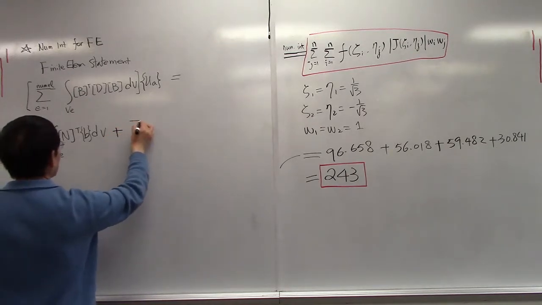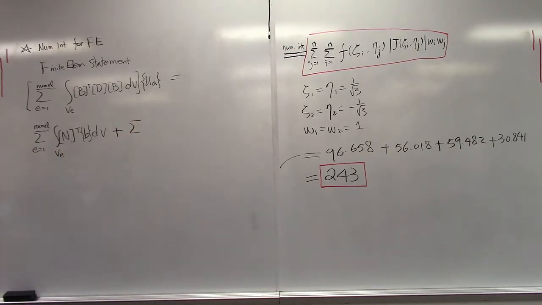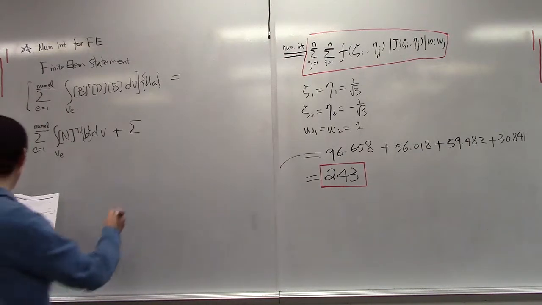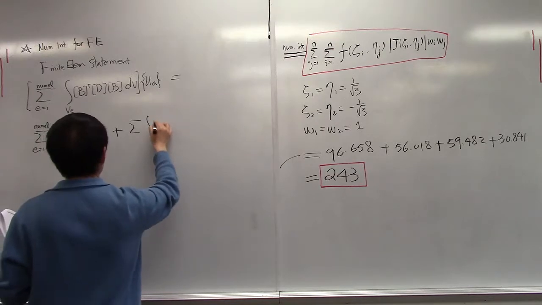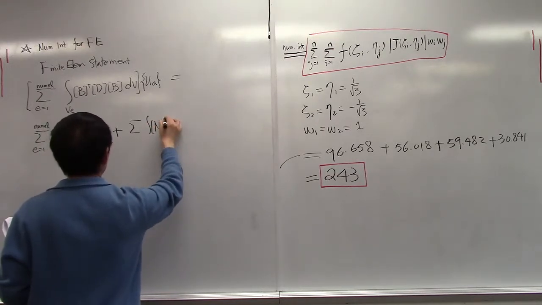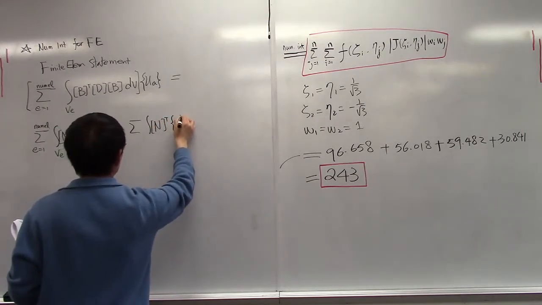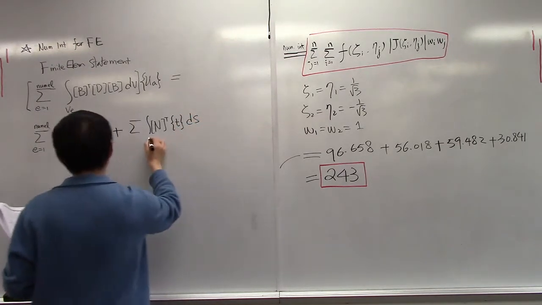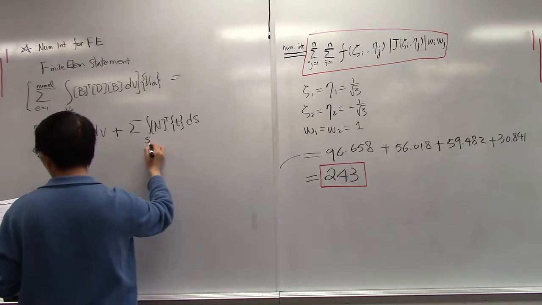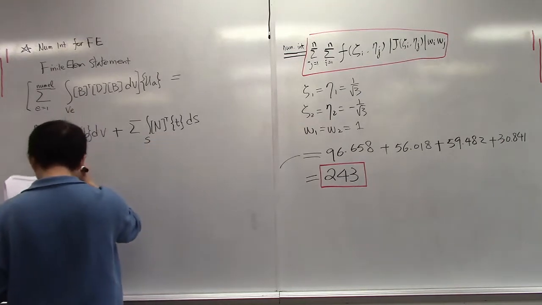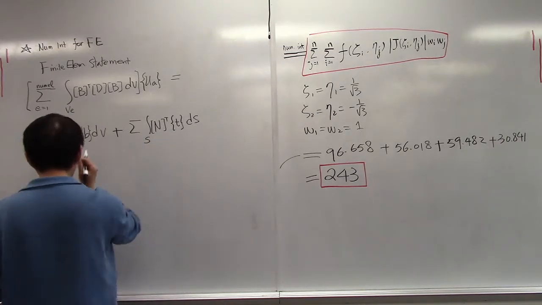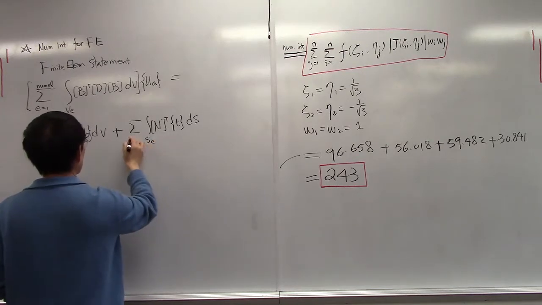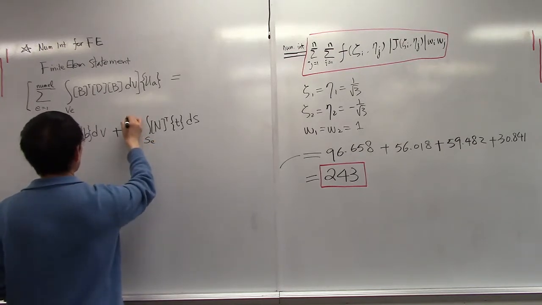Then, second, we have this contribution from the natural boundary condition, or force boundary condition, which is shape function transpose times the t vector and then ds over each element, and E is from 1 to number of elements.